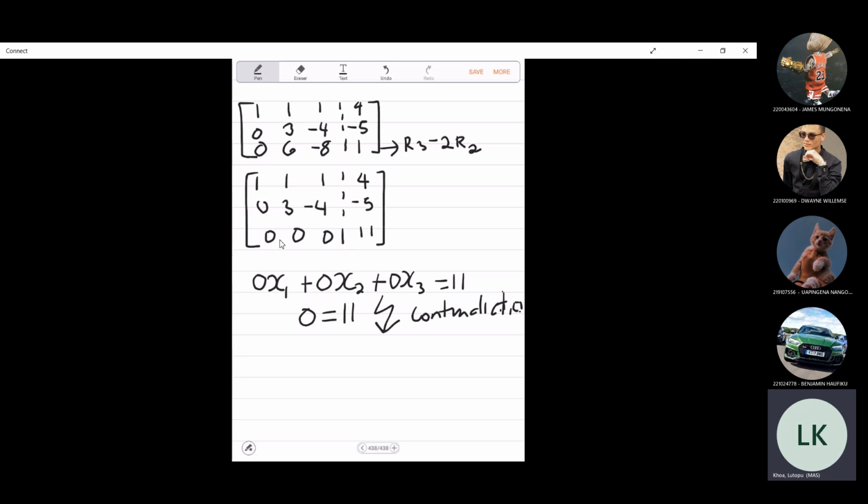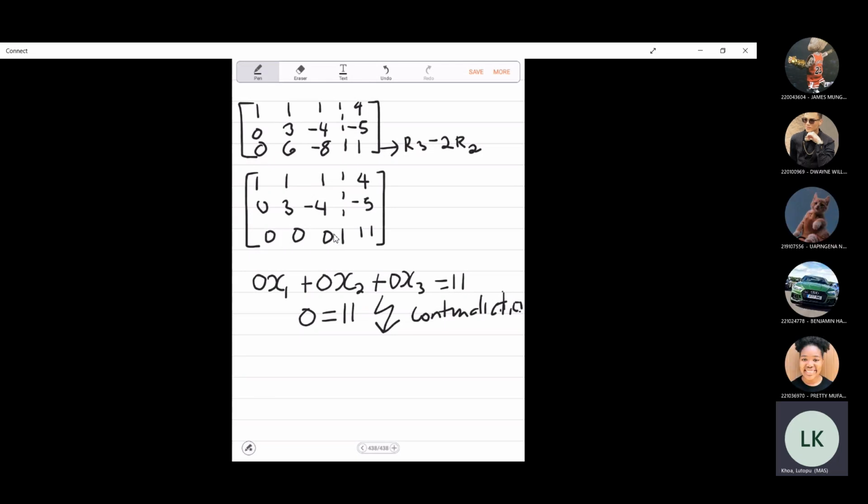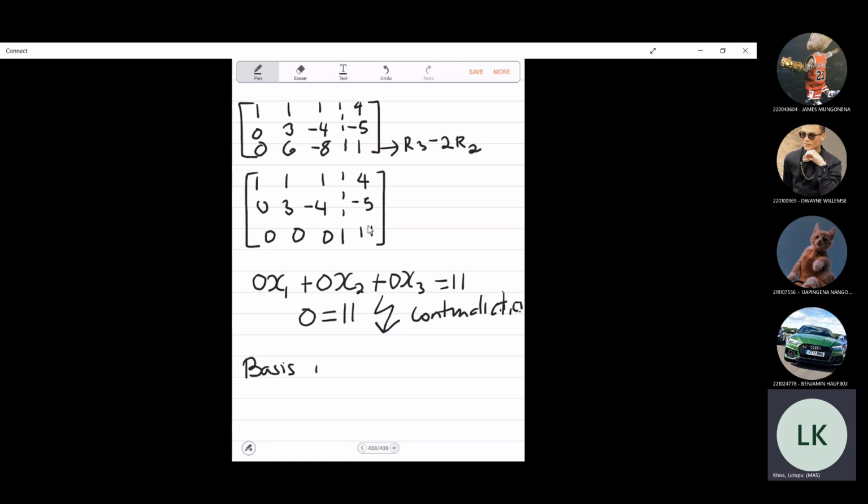So whenever you get a situation like that, where the variables in one of the rows are zeros but the solution is not 0, we say that our basis is the empty set. We write it like this. So it is the empty set, or it does not have a basis.